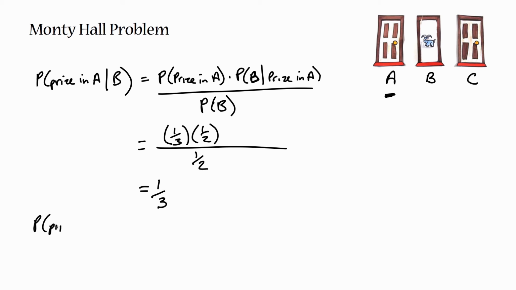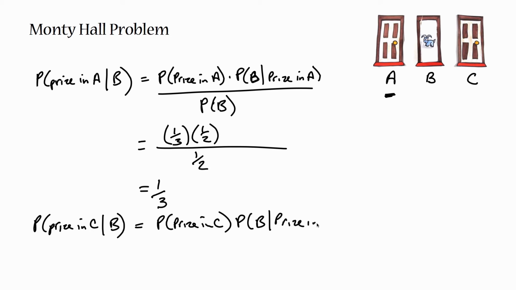Probability that the prize is underneath C, given that Monty opened B, and you originally chose A, is the probability that the prize is in C, unconditionally, times the probability that he opens up B, given that the prize is in C.